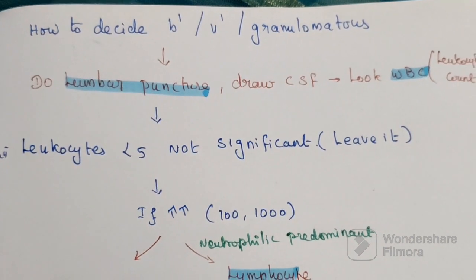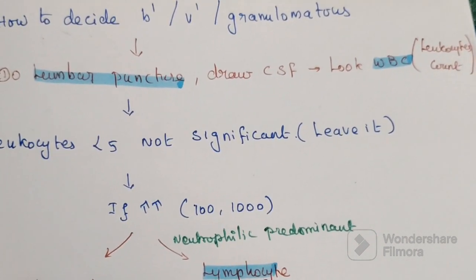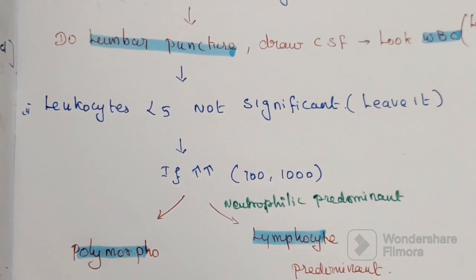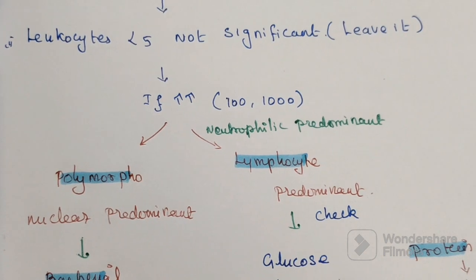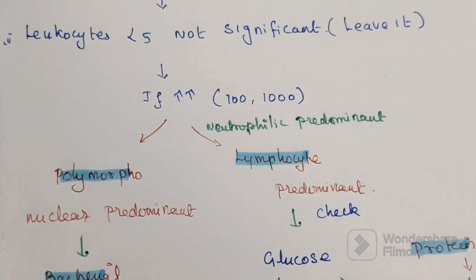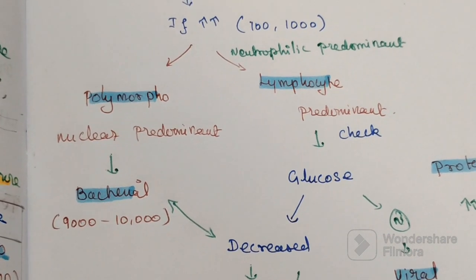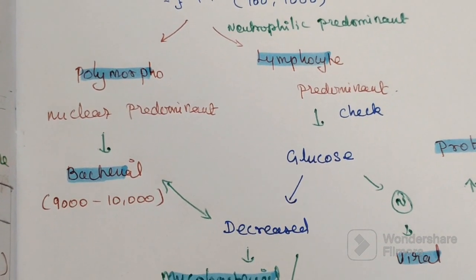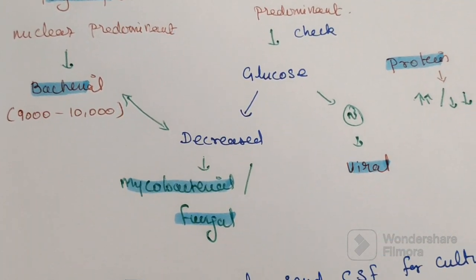So we do a lumbar puncture, draw CSF, and look at the WBC. Leukocytes less than 5, not significant. If increased, we want to check two things: polymorphonuclear predominant or lymphocyte predominant. Polymorphonuclear means bacteria. For lymphocytes, we want to check glucose.